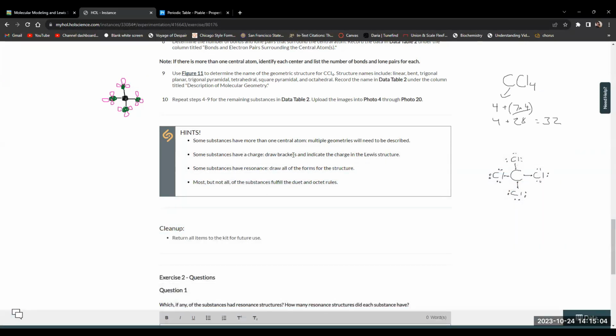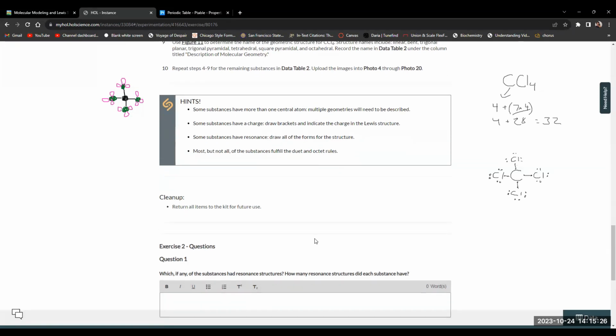Some substances have a charge with the brackets, like I showed you guys in the beginning. Some have resonance. So resonance means that the structure can be drawn multiple different ways. It's usually one or two. I believe the first page had an example.